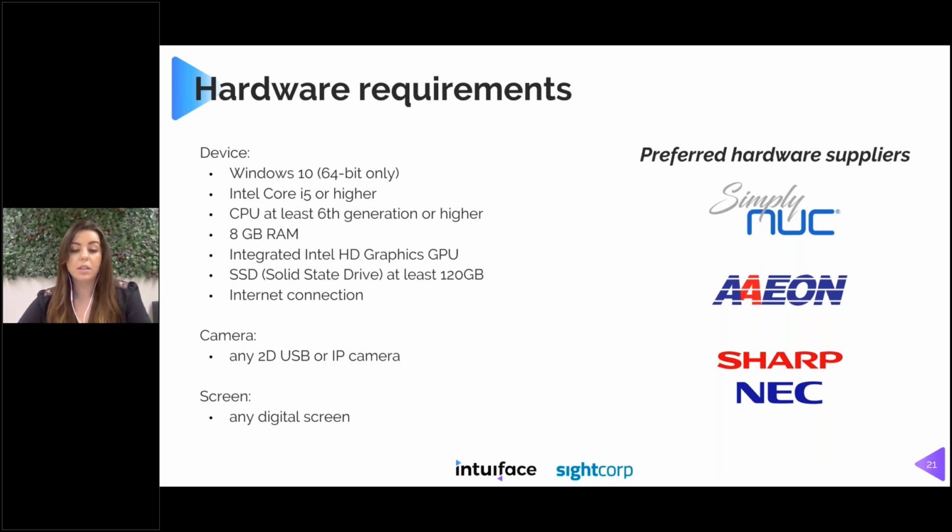And the player can be connected to any type of digital screen. So again, like Jeff said, it doesn't have to be an interactive screen or a touch screen. And in general, we're very close to our hardware supplier. So if you want to know which device, which camera, which screen is best for your project, you can reach out to them directly or reach out to us, and we'll definitely help you out.